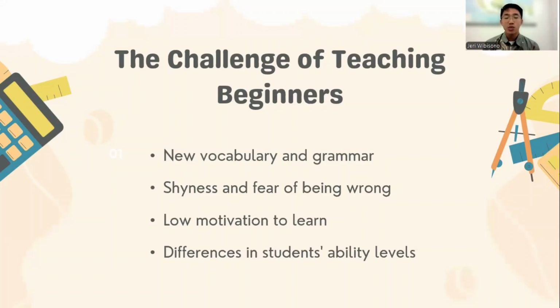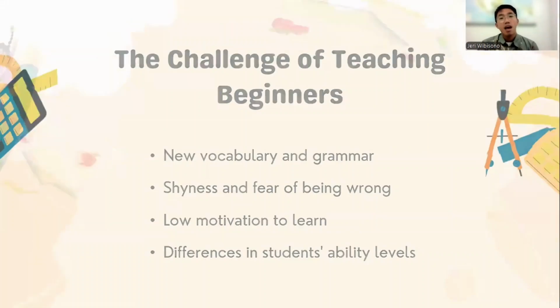So we need to find ways to meet diverse needs. This challenge shows us why it's important to choose the right teaching techniques, especially for those who are starting to learn English.